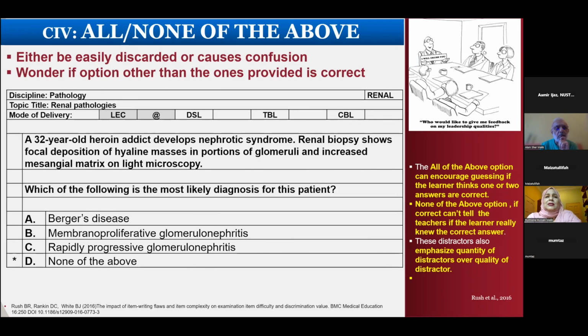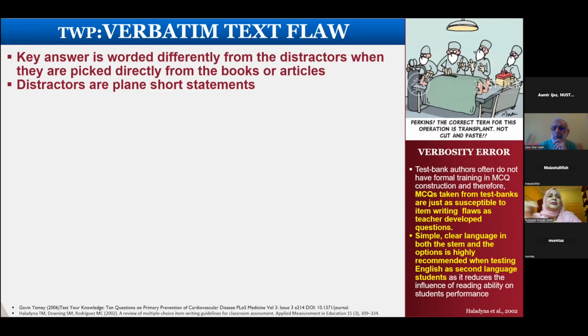Which of the following is the most likely diagnosis? None of the above is not the answer. The correct answer is focal segmental glomerulosclerosis. So when we say the likely diagnosis, all the diagnoses should be put over there, and we do not use none of the above or all of the above options.